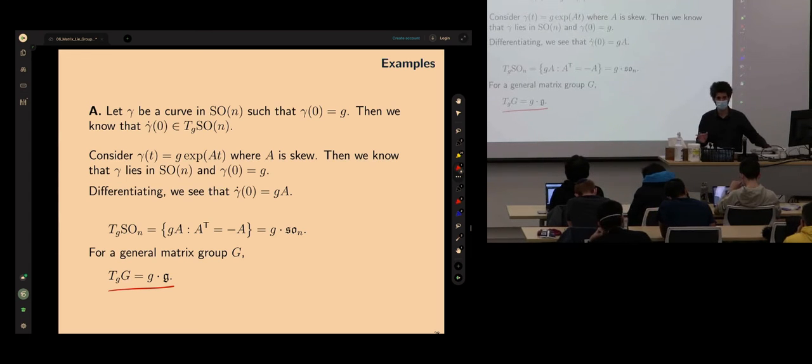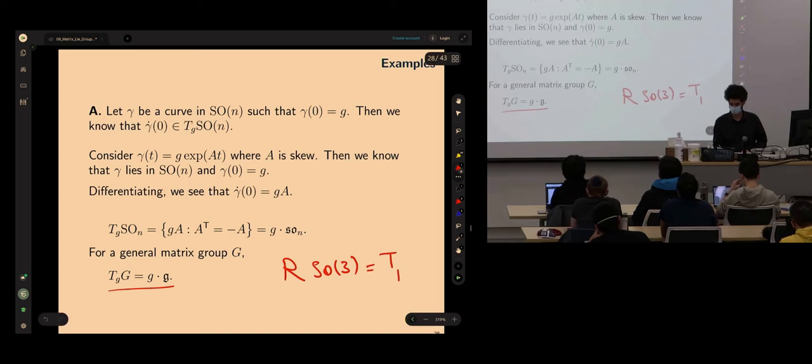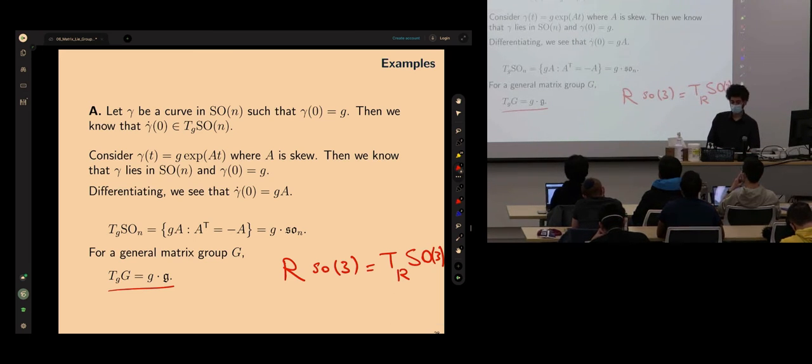So that won't change. And mathematically, that's captured by a left translation, meaning if you rotate your SO(3) by R, you get the tangent space at R.